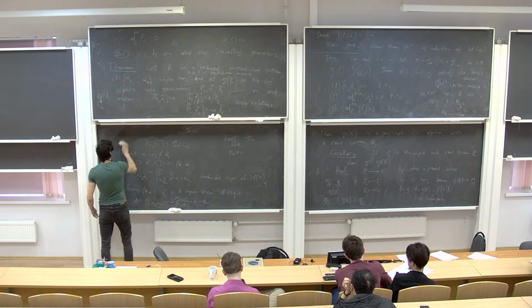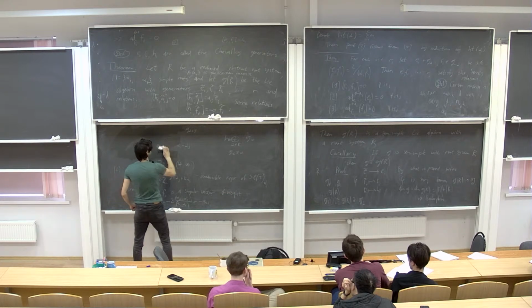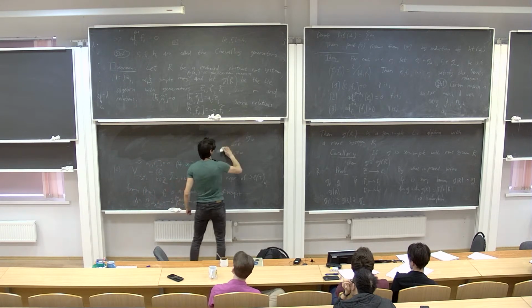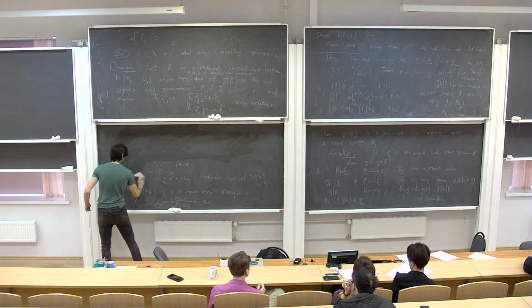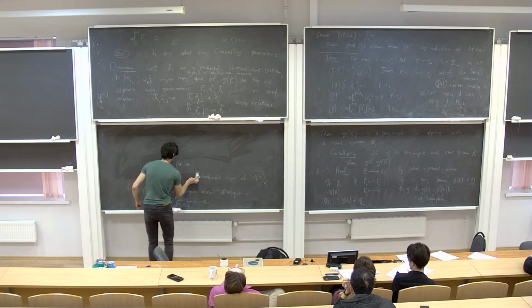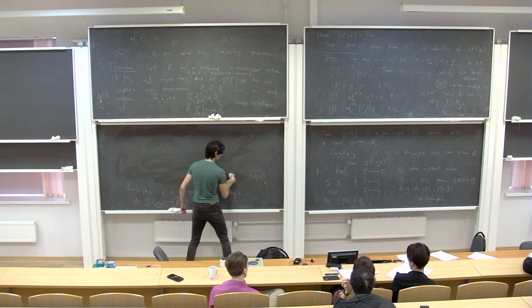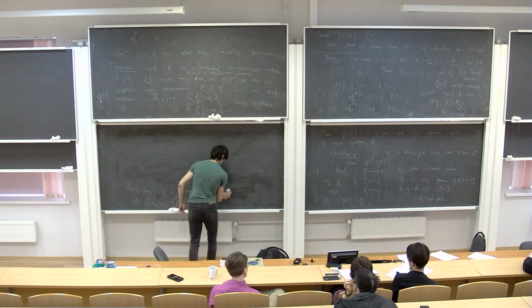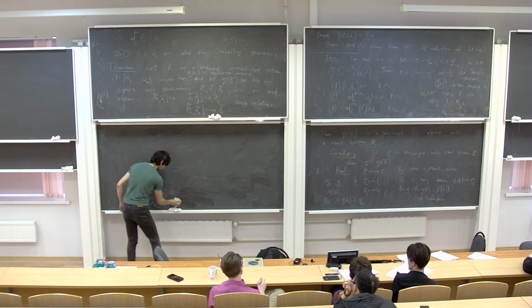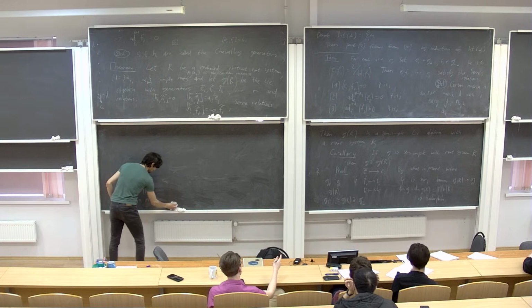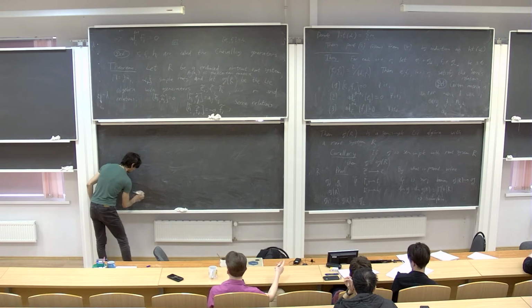So, unfinished business. But I will do this. I will try to do this all at once to prove that. Isn't the dimension just the cardinality of R?